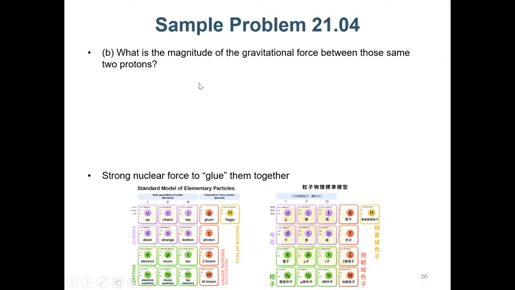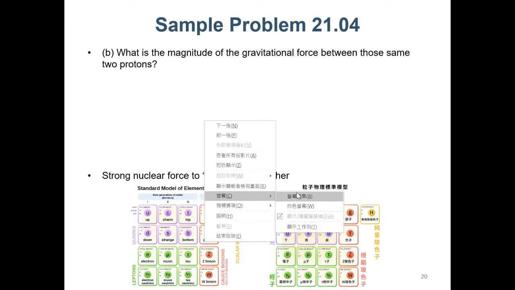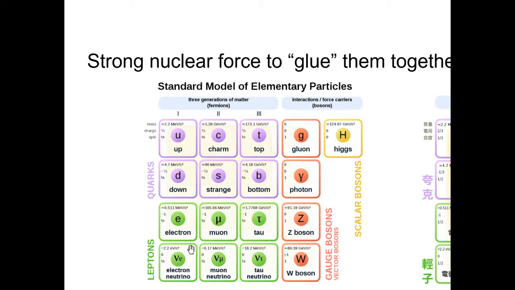Within a proton and neutron, they are actually built up with quarks. Suppose you use high energy protons to collide with each other, then they may split up into up and down quarks.